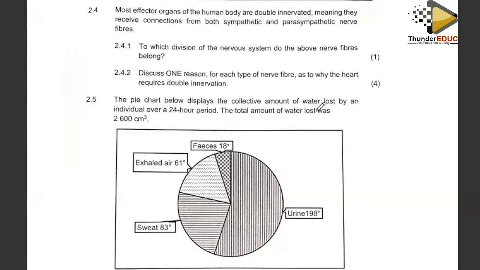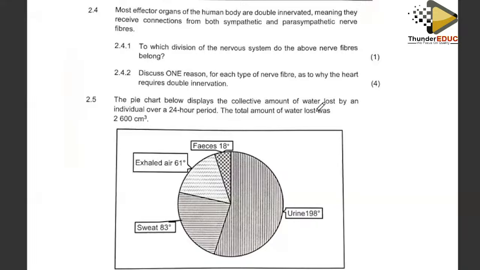Which division of the nervous system do the above nerve fibers belong to? They belong to the autonomic nervous system. Remember, I said that the autonomic nervous system is divided into two, that is sympathetic and parasympathetic, which work antagonistically.